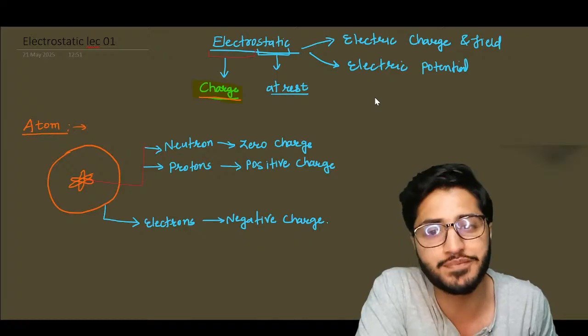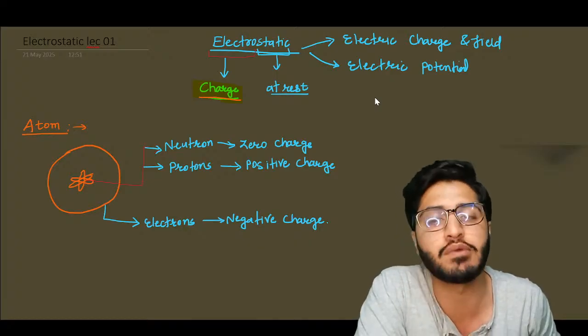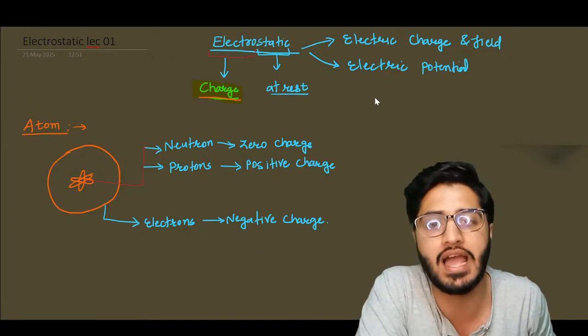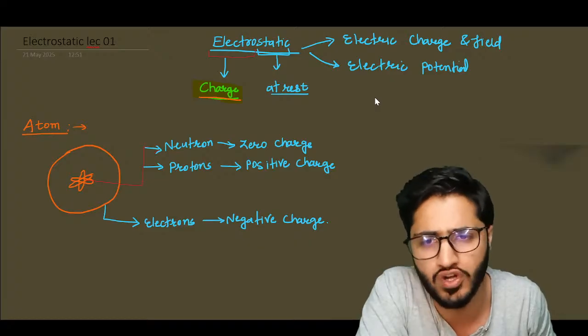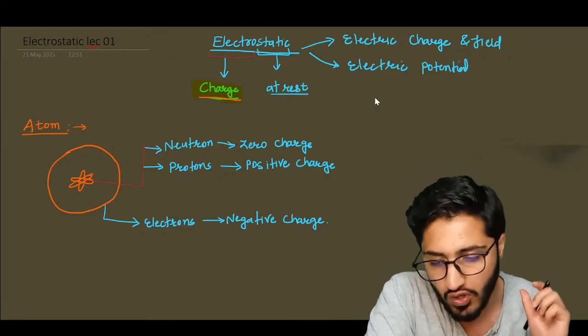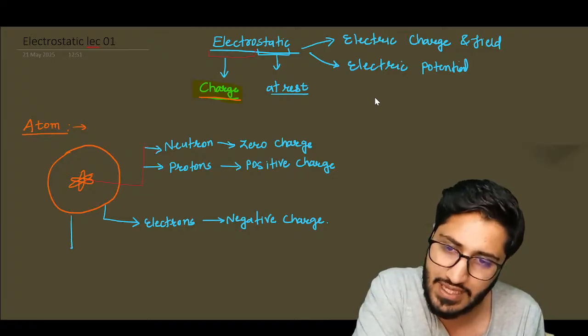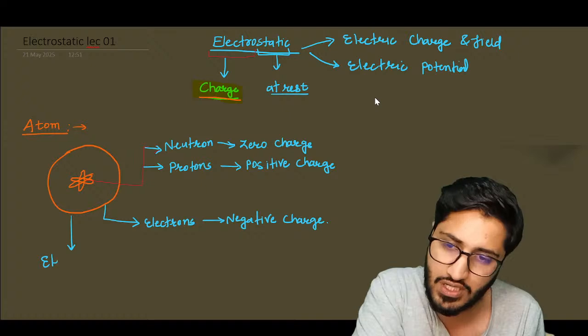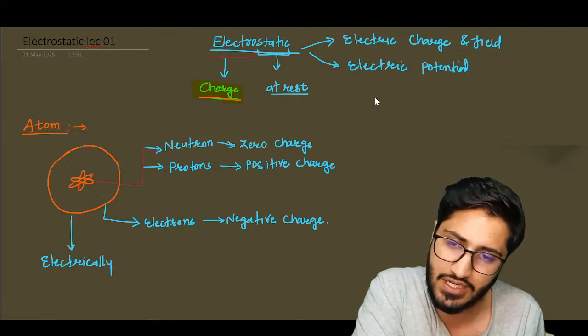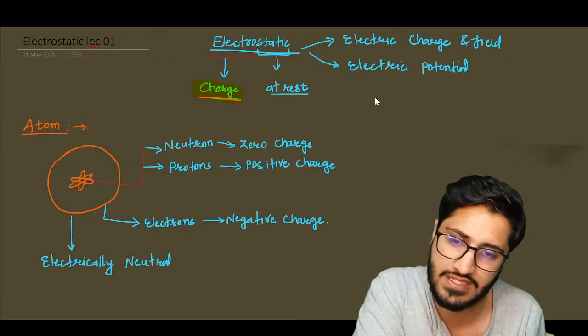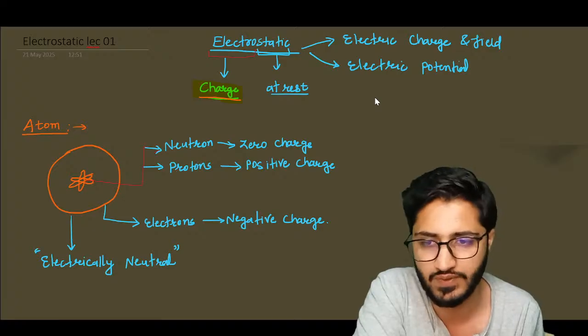We know from our foundation classes what the atom is and how many subatomic particles it has: neutrons, protons, electrons. We also know that this atom is naturally electrically neutral. What is the meaning of electrically neutral?